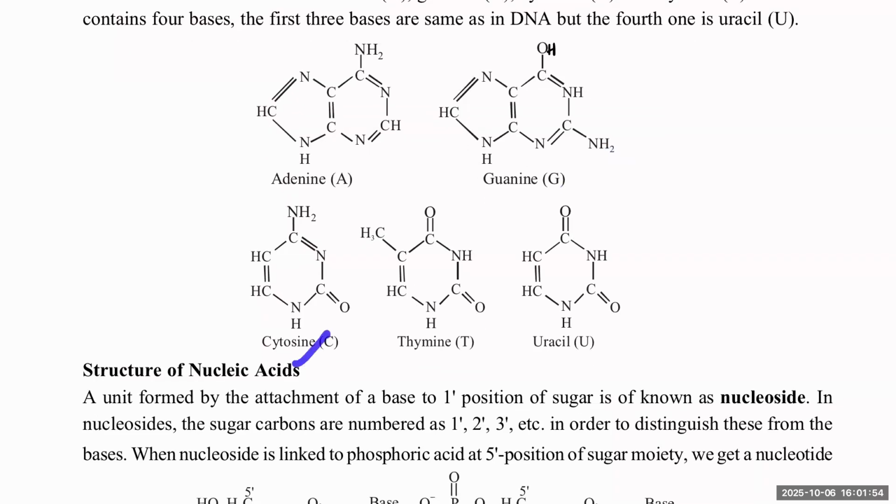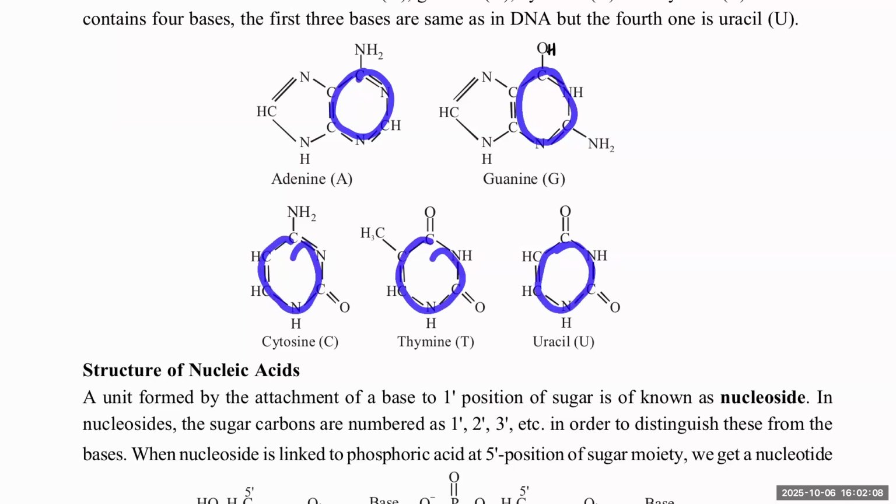While cytosine, thymine, and uracil will have a similar group. Again, you can see alternating nitrogens here also. Basically, it is the same structure. This ring is the same in all of them, so make sure that part is clear to you.